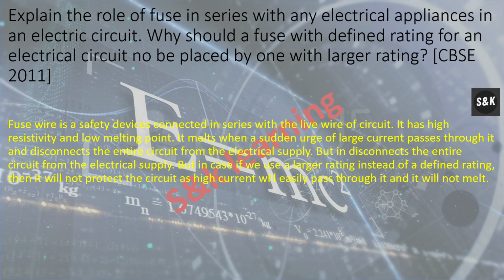It melts when a sudden surge of large current passes through it and disconnects the entire circuit from the electrical supply. But in case we use a fuse of a large rating instead of the defined rating, it will not protect the circuit, as higher current will easily pass through it and it will not melt.